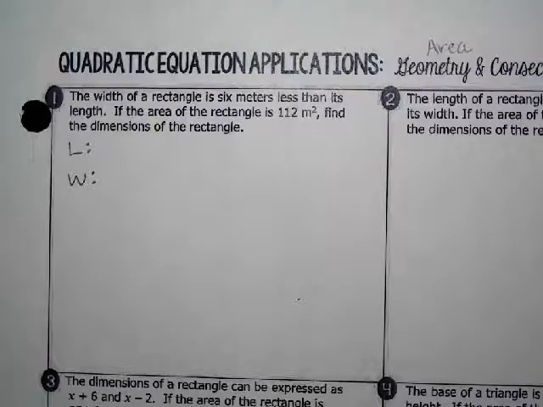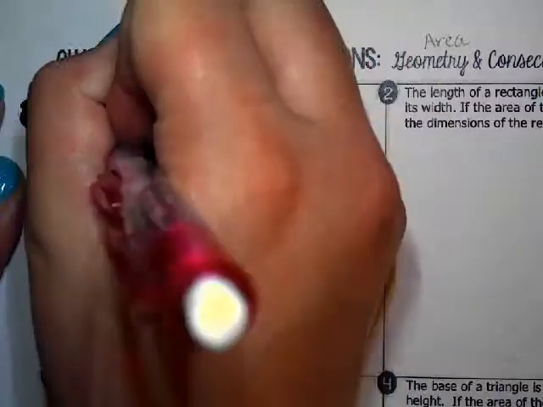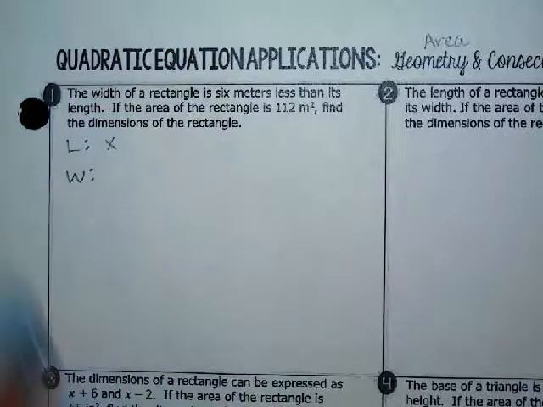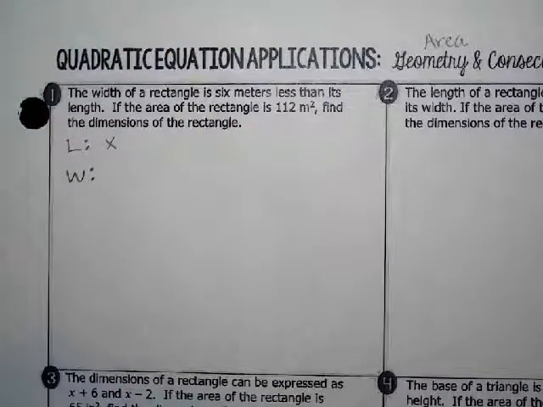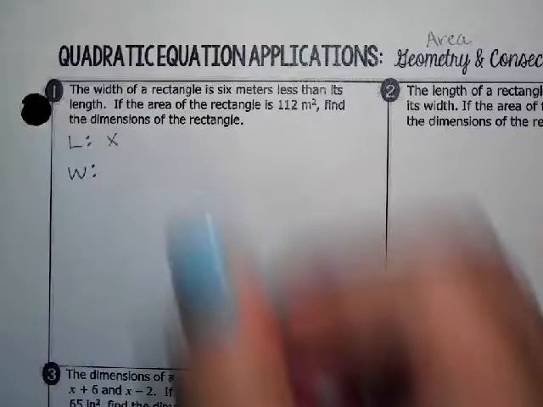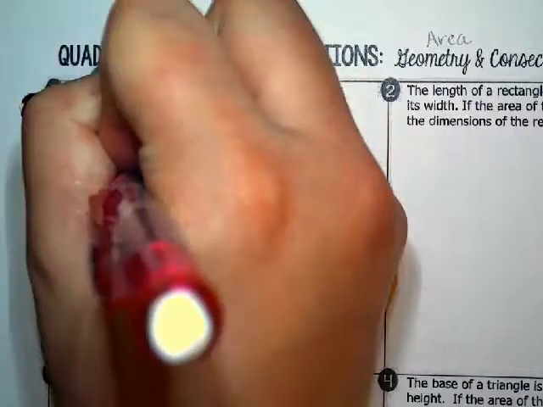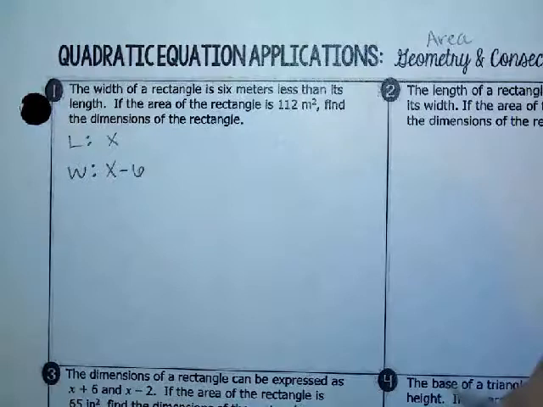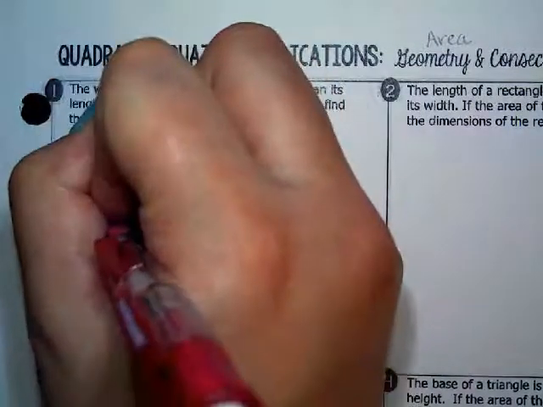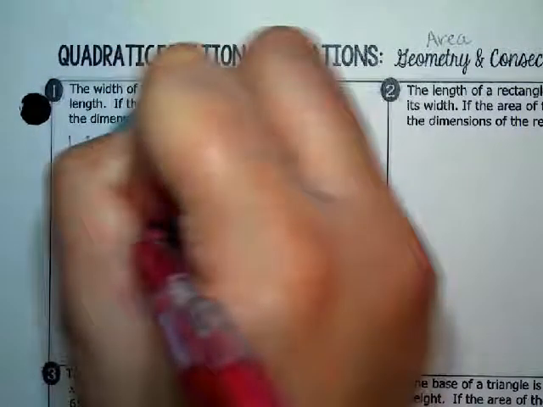So the length is the thing they're basing the width off of, but we don't know what it is. So we're going to say the length is x. And the width is 6 meters less than that. So what should I write for width? X minus 6.